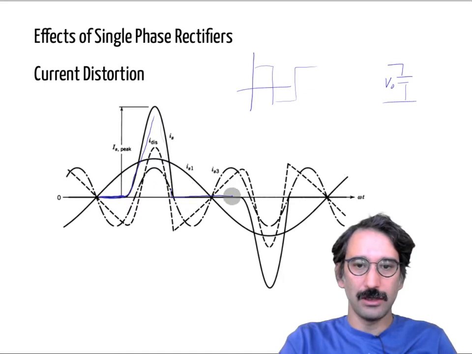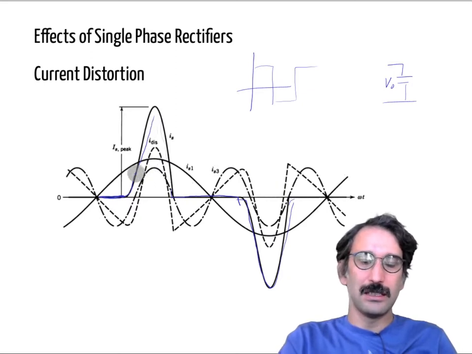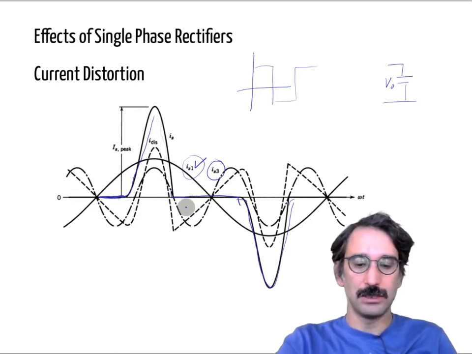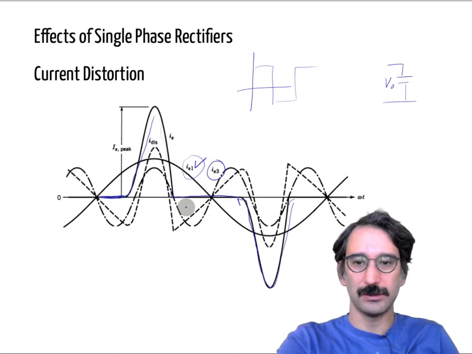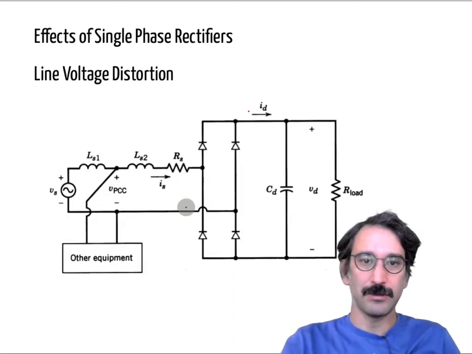You will have 0 regions, then you will have negative regions, and of course you will have the fundamental component. The fundamental component will cancel itself, but again you will have the third harmonic component, and they will add up, and you will have distorted current in the neutral line. And in Mohan there are some detailed examples on that one.